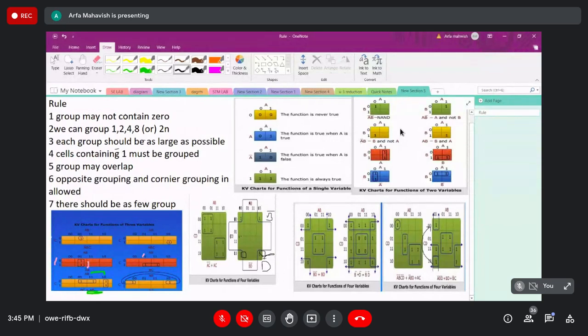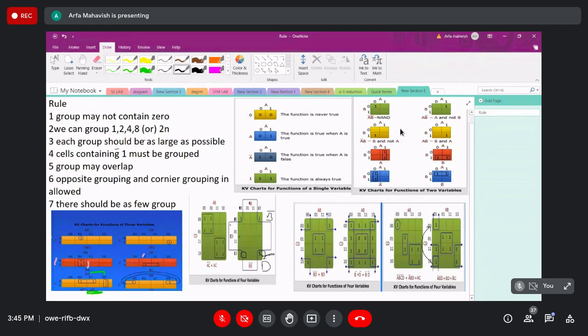Next thing, keep it in mind, guys. If you are having four cells or it may be three cells, just see whether the variable input is similar or opposite. If it is similar, then go with that variable; if it is opposite, just ignore that.